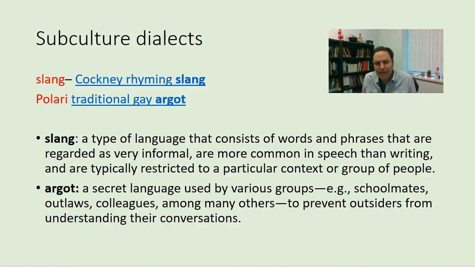Gays, drag queens and various sexual minorities in London from the 19th century through the 20th century spoke this coded language, some of which comes from Romany, or the word you shouldn't use, gypsy speech. This is a really cool video. I think you might enjoy it. So go into the slideshow and click on that.